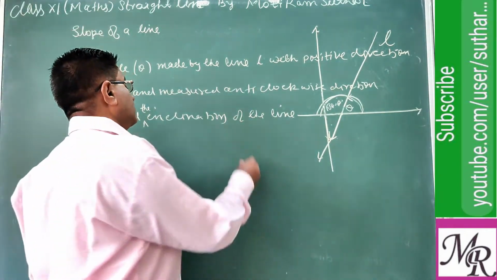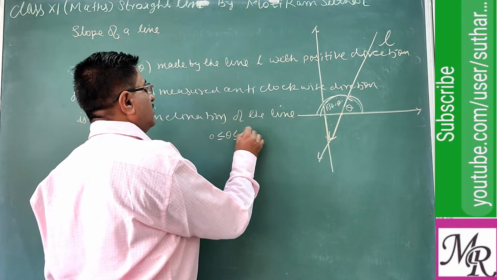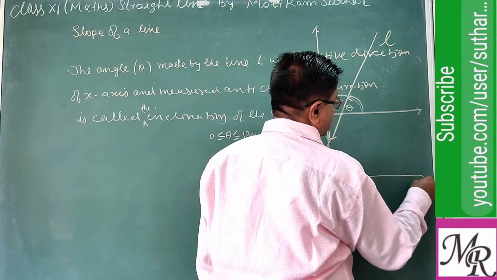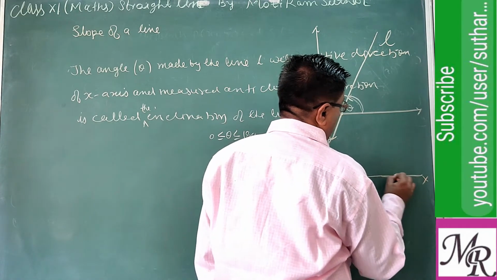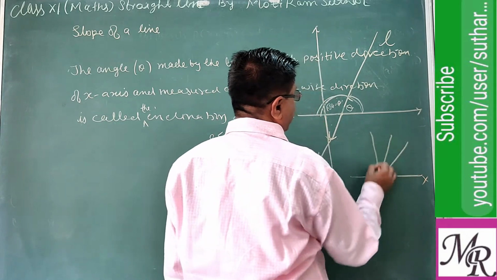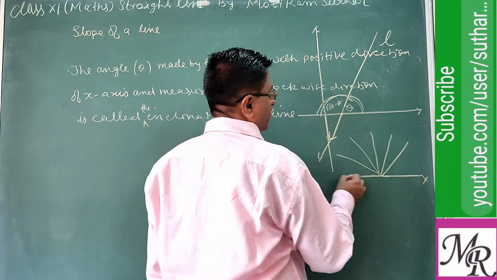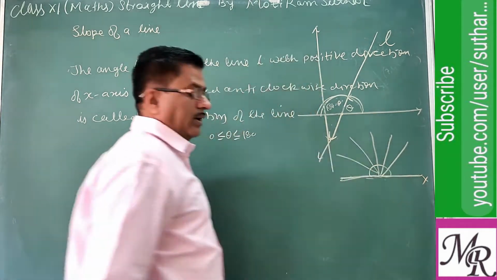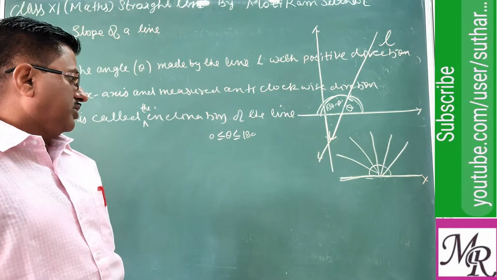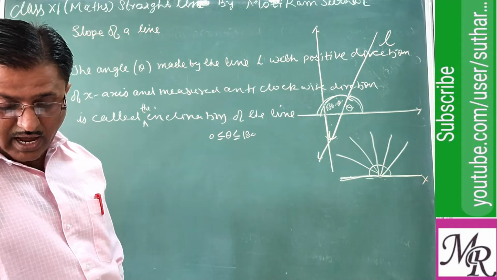So we know that theta is greater than or equal to 0 and less than or equal to 180. Any line may coincide with the x-axis, or it may be at 30 degrees, 60 degrees, 90, 120 or 180. So the inclination lies between 0 and 180 degrees for any line.